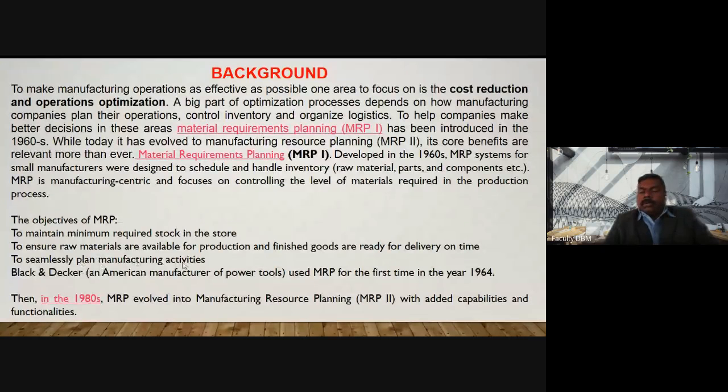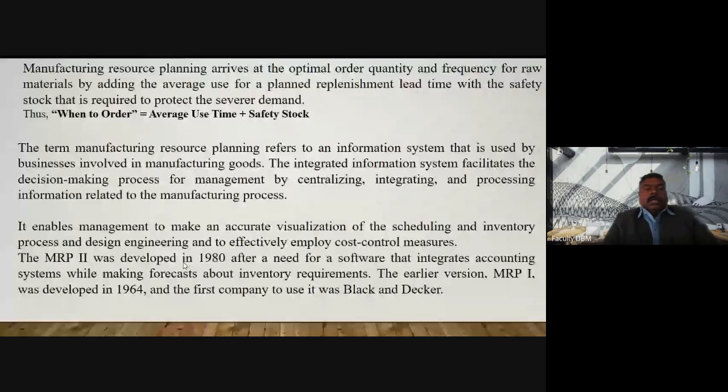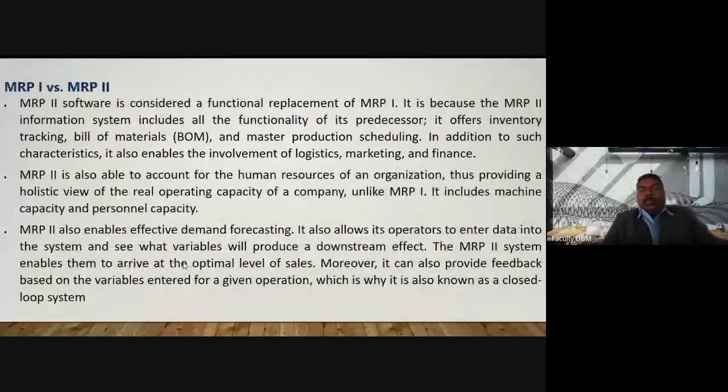Only these three objectives were there in MRP1. But here in MRP2, we have a wider scope. That is, we are going to include the machine capacity and personnel capacity. Personnel capacity is the person's capacity, meaning whether they can work for 3 shifts or 4 shifts, that we need to see, and we need to allocate the work to them.